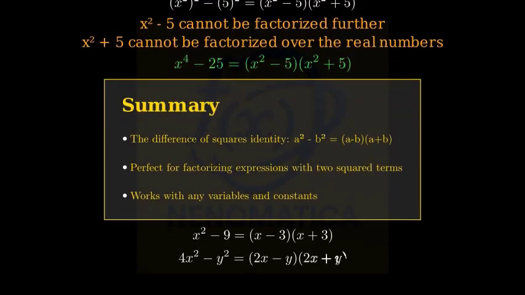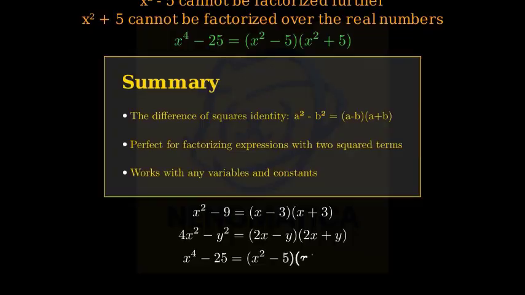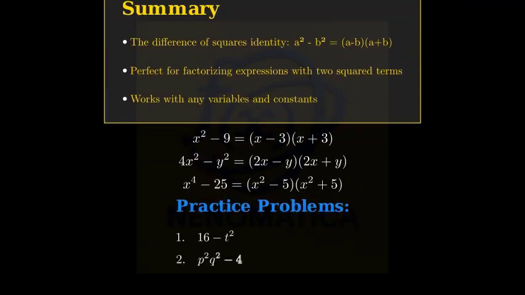Second, 4x squared minus y squared, which factorizes to 2x minus y times 2x plus y. And third, x to the fourth power minus 25, which factorizes to x squared minus 5 times x squared plus 5. For practice, try factorizing these expressions on your own: 16 minus t squared and p squared q squared minus 4.